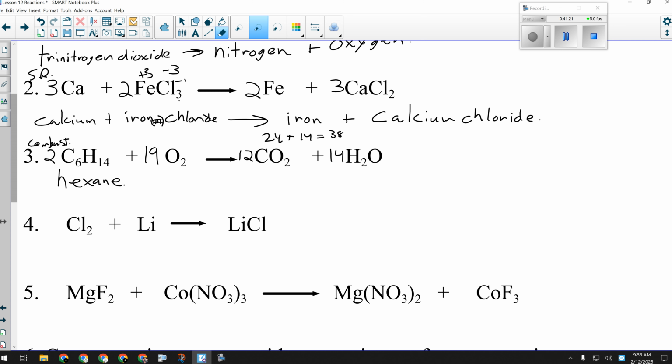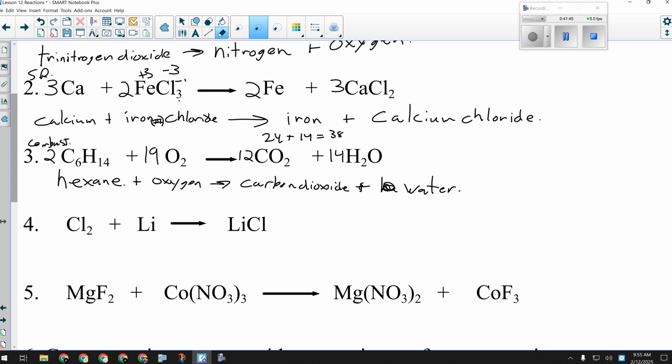All right, for the written in words, hexane plus oxygen gives carbon dioxide and water. Okay, questions on 3?